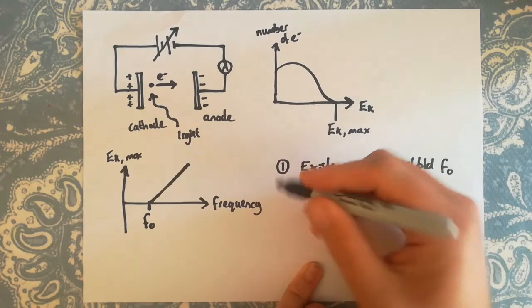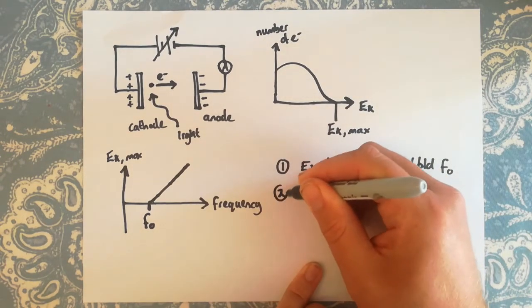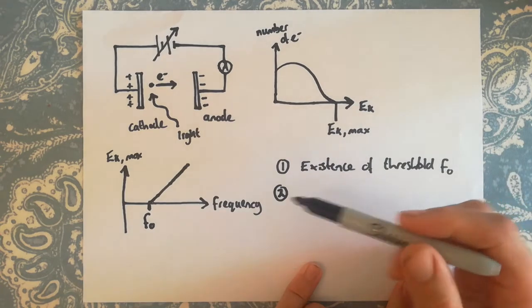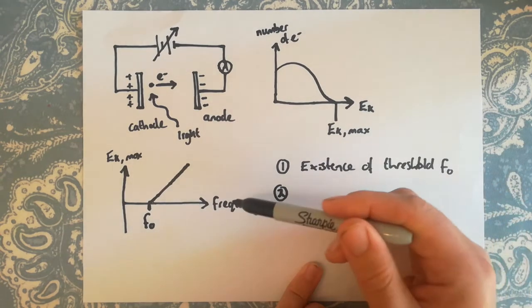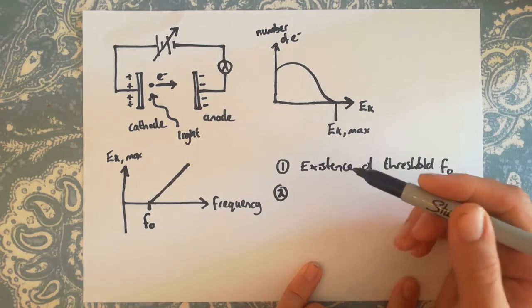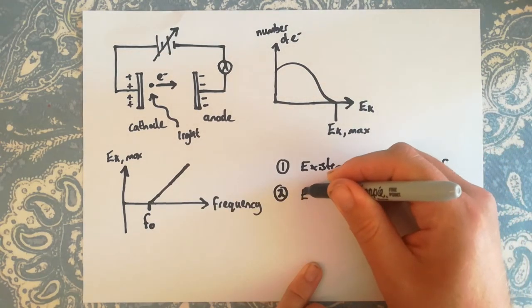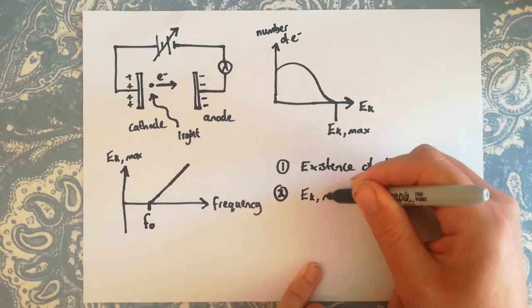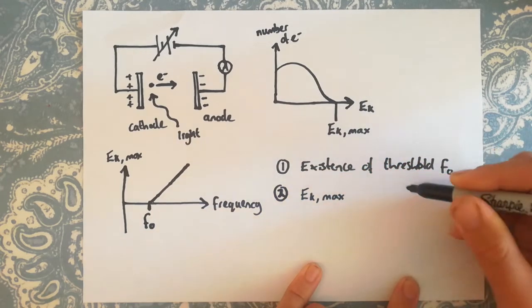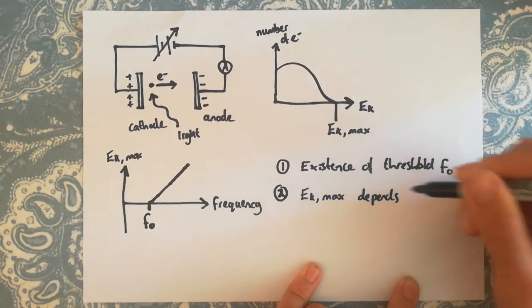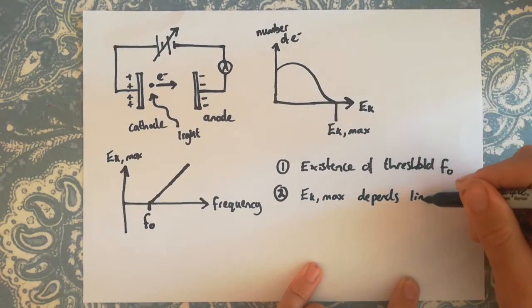And the second observation that is important here is that if we then continue increasing the frequency of light, then the kinetic energy of the most energetic electron depends linearly.